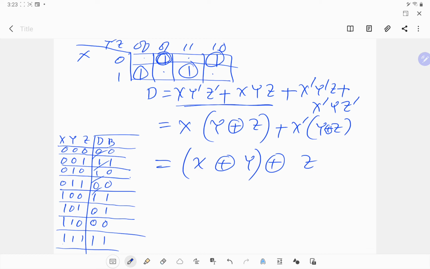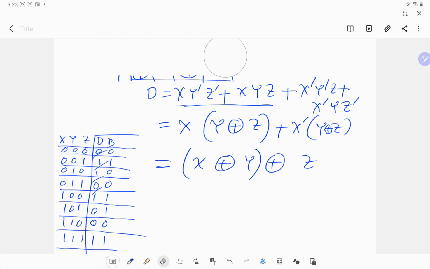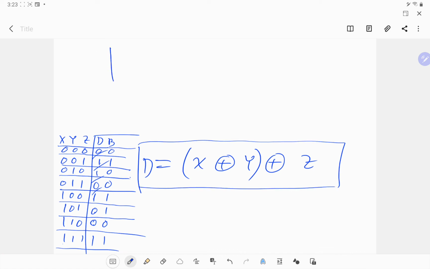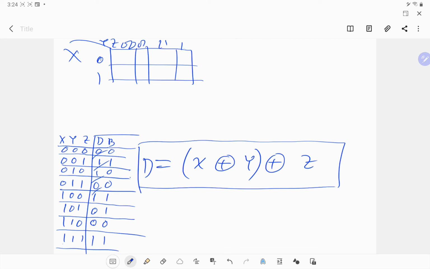Now we need to find the equation for borrow. Now for borrow, let's try. 0 1 0 0, 0 1 0 0, 1 1 0 1, 1 1 0 1.